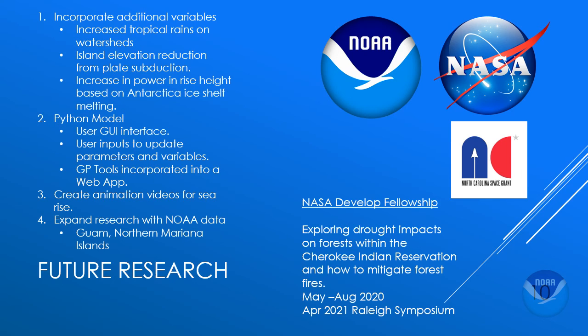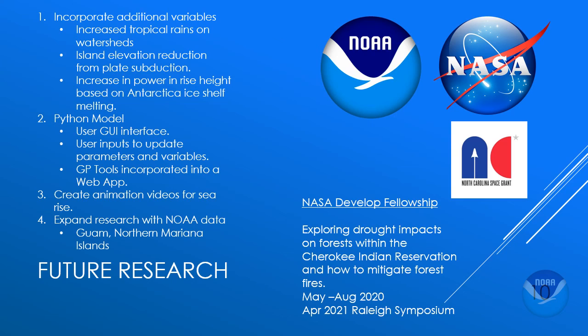Try and build this in a Python model using a GUI system, and also incorporate some GP tools with a web app, stuff learned from GIS 550, and try and make an animation of this video series as the years go on. Try and move this research from the volcanic Samoa over into the Northern Mariana Islands. It's got the Marshall Islands, Saipan, everything that's up north there.